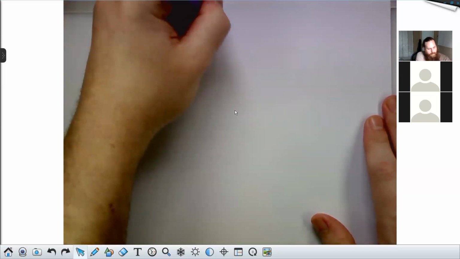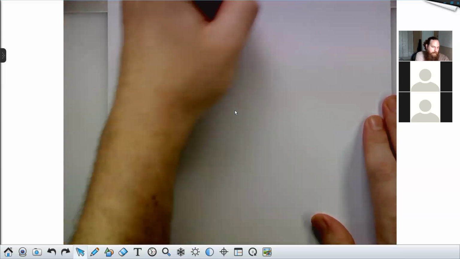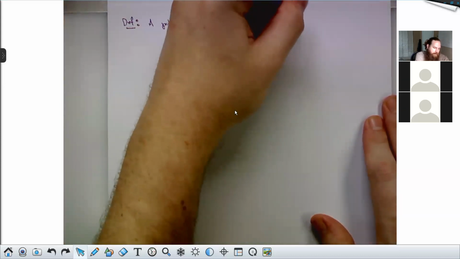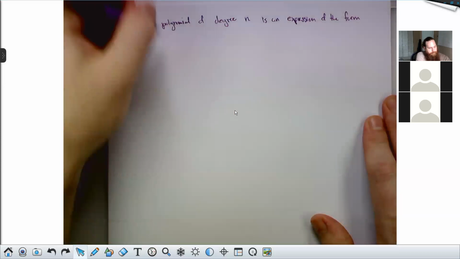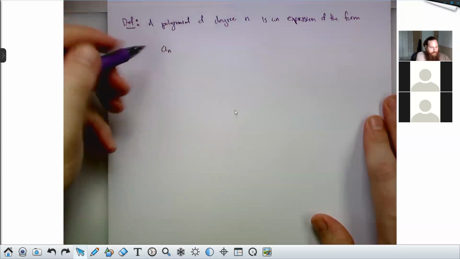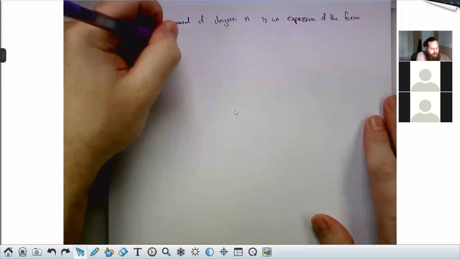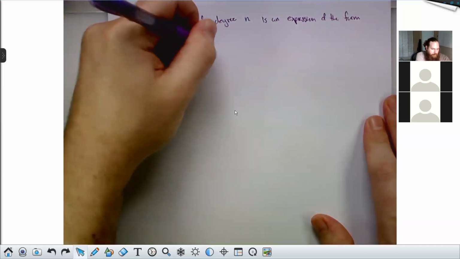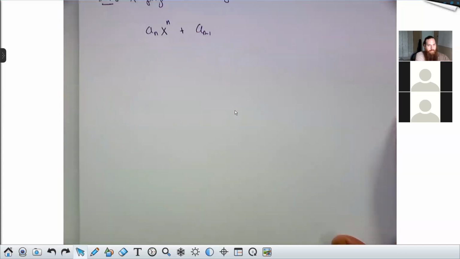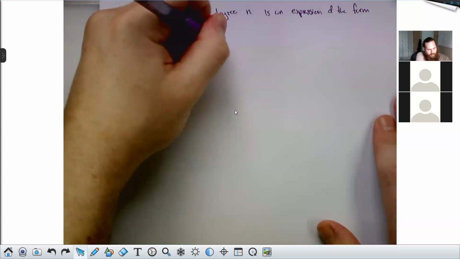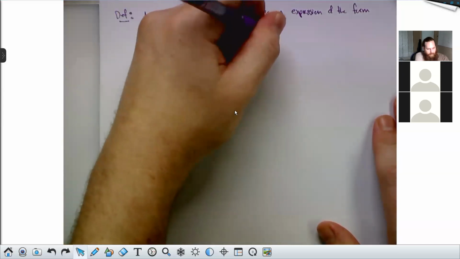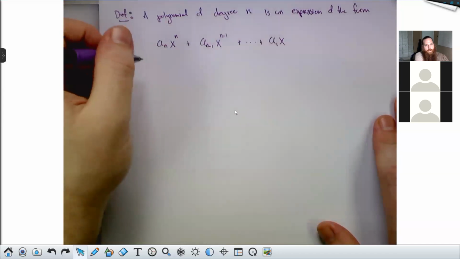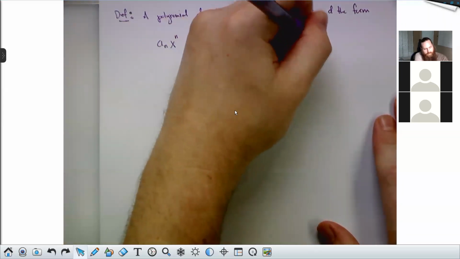A polynomial of degree n is an expression of the form a_n, the little n down underneath the a, it's called a subscript, times x to the n, plus a_(n-1) times x to the n minus 1, plus, and then this goes all the way down to a_1 times x to the 1, which is just x, plus a_0.